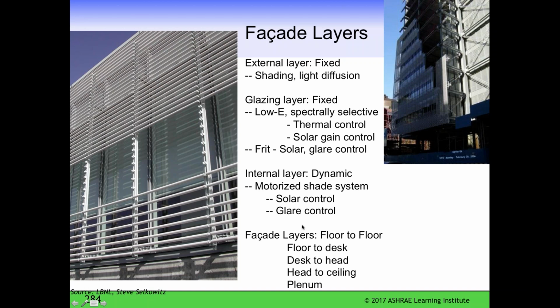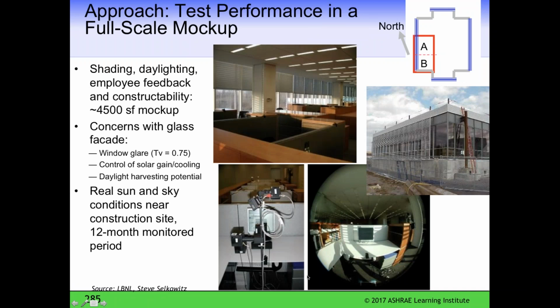We'll see this shortly. And there are 4 facade layers on each floor going from floor to floor. Floor to desk, desk to head height, head to ceiling, and plenum. Very, very elegant design.